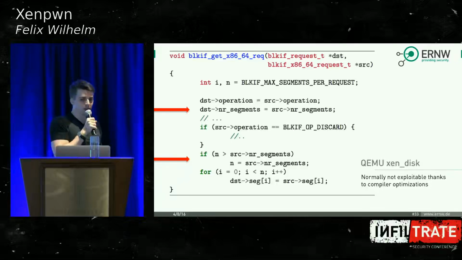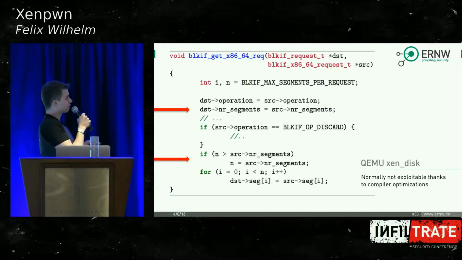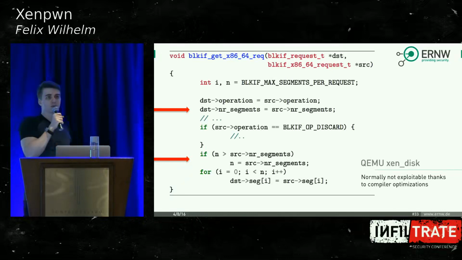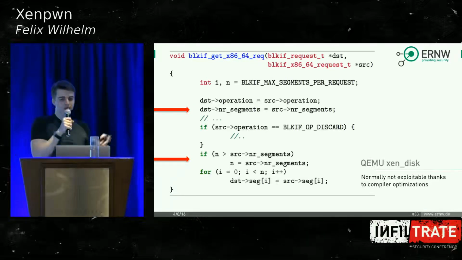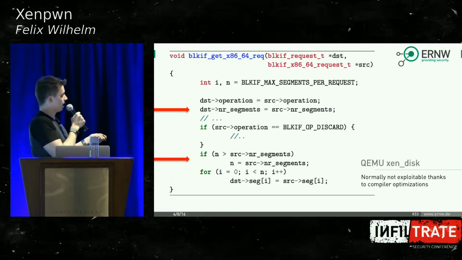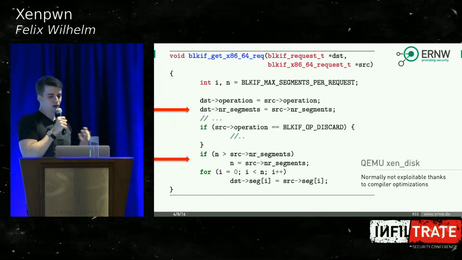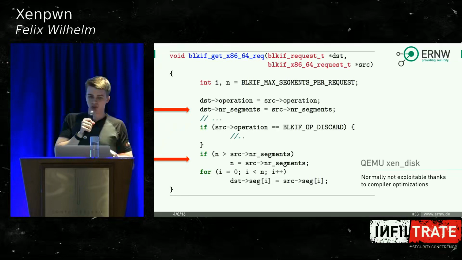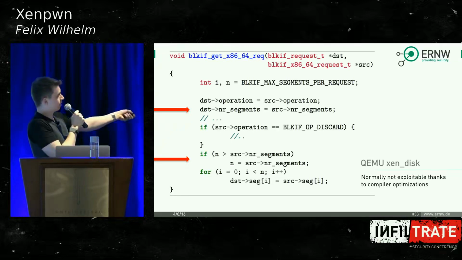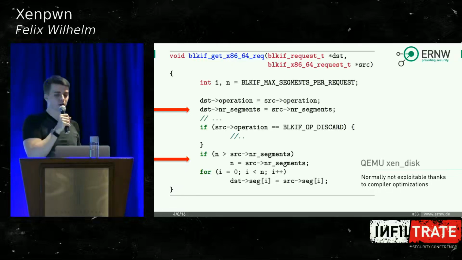And as you can see, the lines highlighted with the arrow, we basically have this source pointer that points to a shared memory section, and the number of segments is simply a variable inside this shared memory page. And the access is over there, and then you have this interesting if condition. As you can see, they check that n, which is defined to block interface max segments per request, is larger than this number of segments variable.